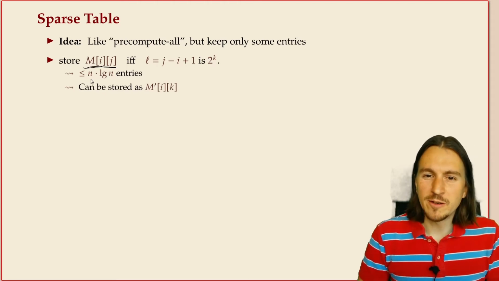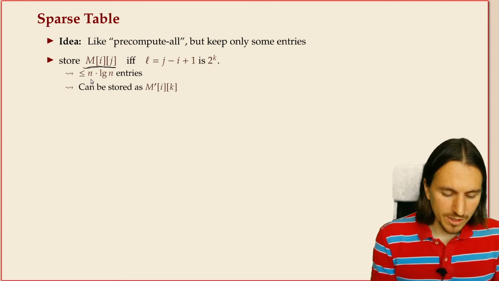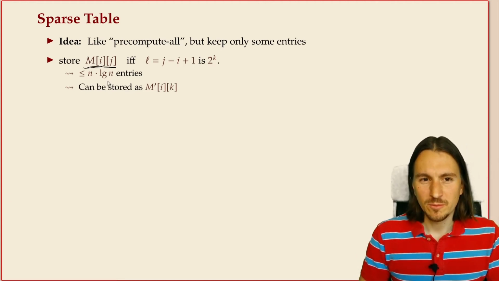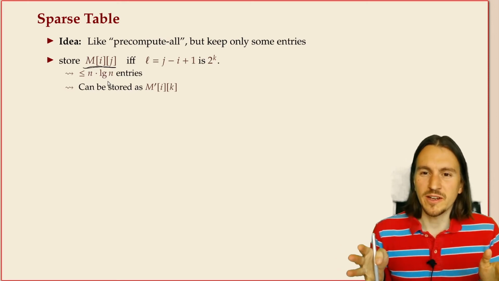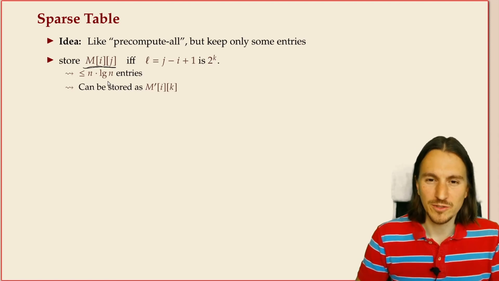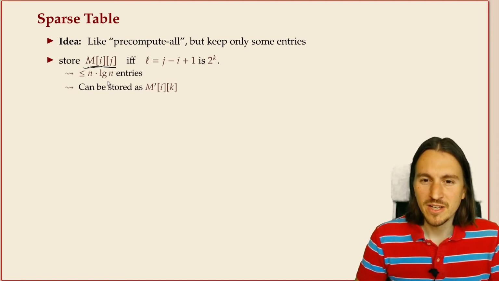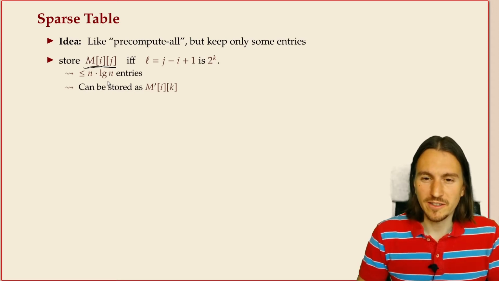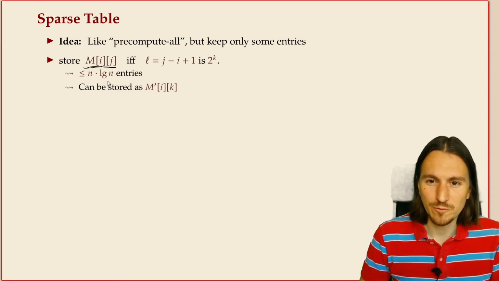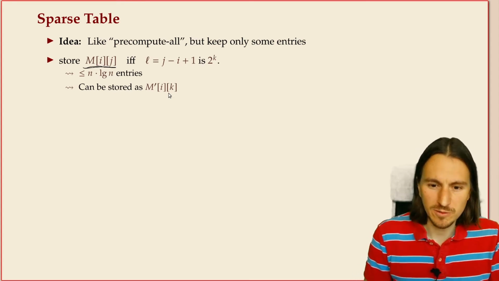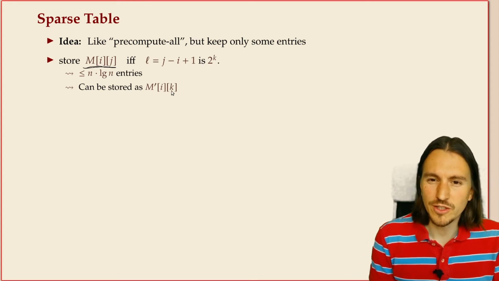We still have n choices for i, but then for any fixed i, we only have log n choices for j, because the total length is n. There's only roughly log n powers of 2 between the numbers 1 and n. So the number of entries is n log n instead of quadratic. That's a significant achievement. And there's even a smart way to store these entries by choosing a different index.